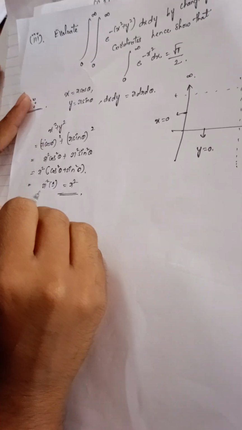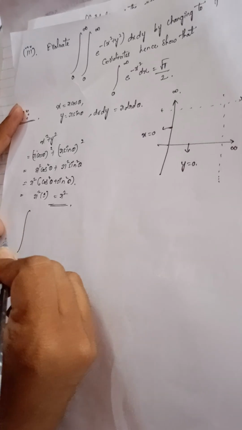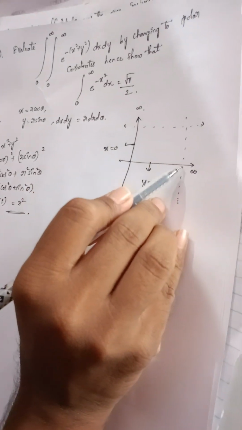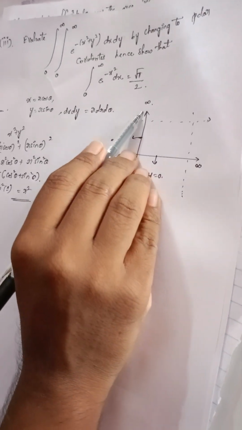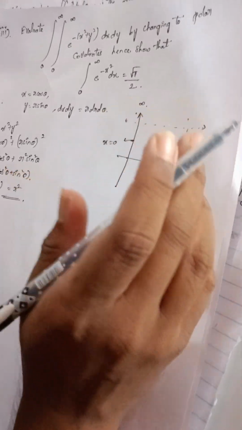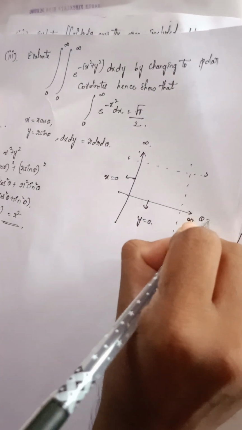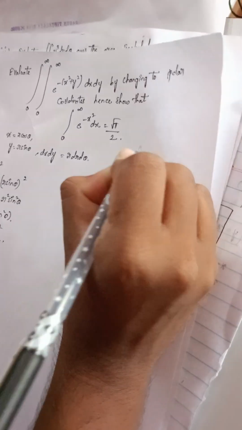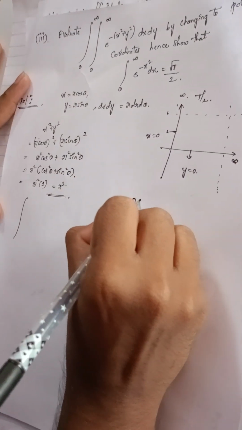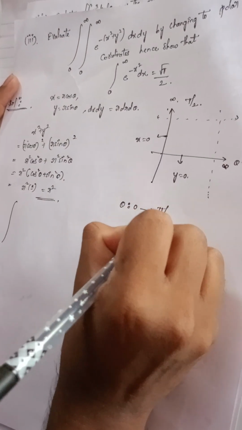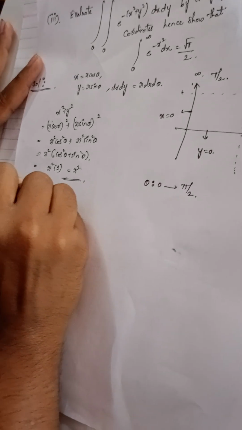Now here we are only finding the integral from 0 to pi by 2, as this is the only quadrant. So here theta varies from 0 to pi by 2. So here I am writing the limits of theta, which is 0 to pi by 2.